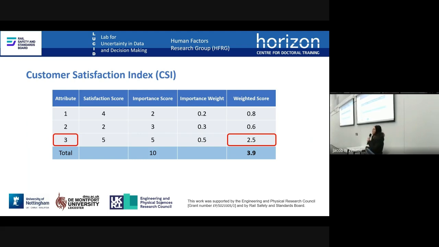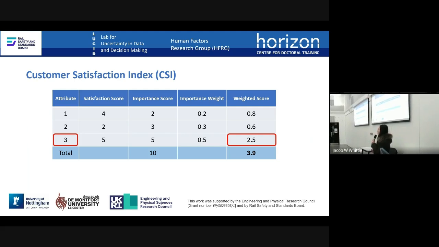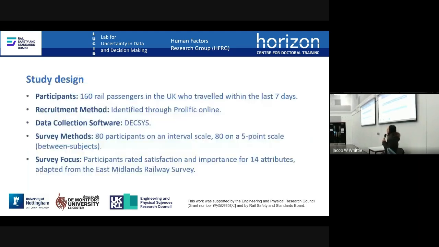For example, in the picture shown here, attribute 3 gives the biggest contribution toward the overall satisfaction index. So we combined the interval data with this.